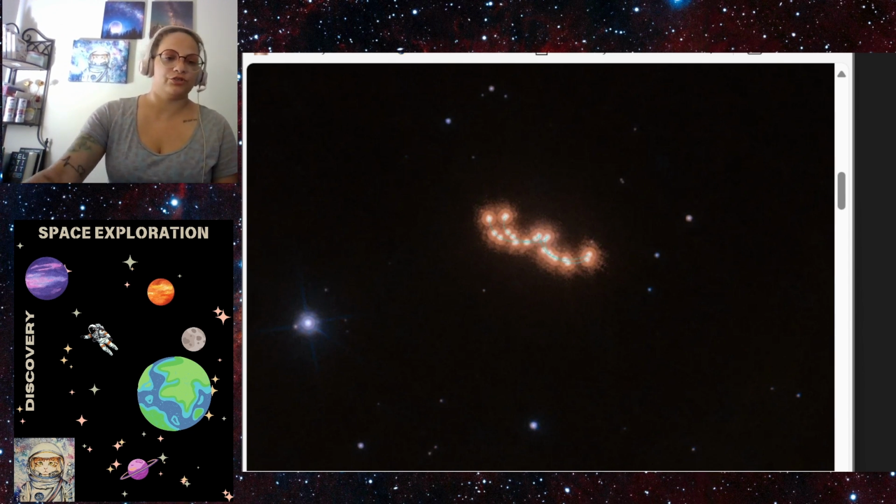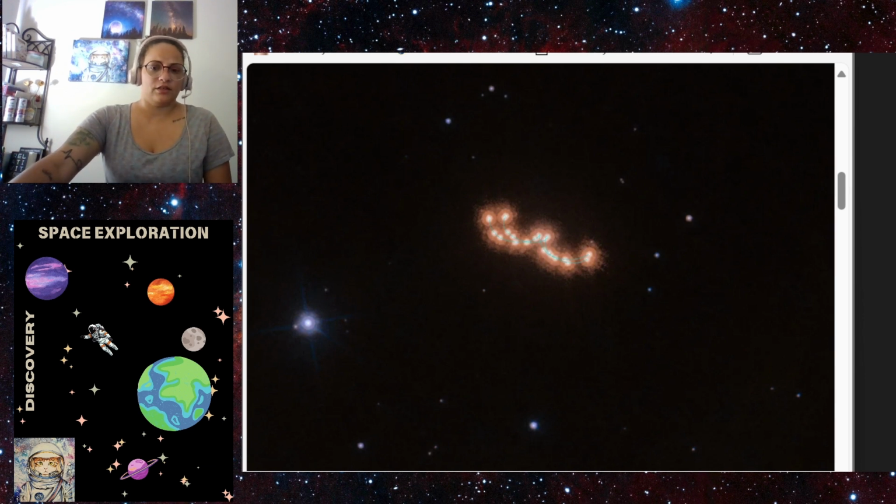What's also very interesting about these two is that Luhman 16A is labeled on Caltech's archive as a brown dwarf star, but Luhman 16B is listed as a planet, an exoplanet, whereas on NASA they're listed as binary brown dwarfs.